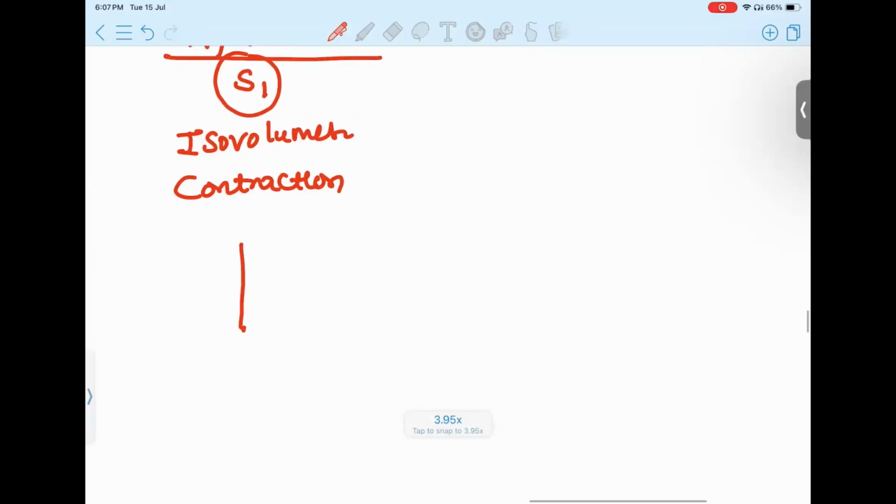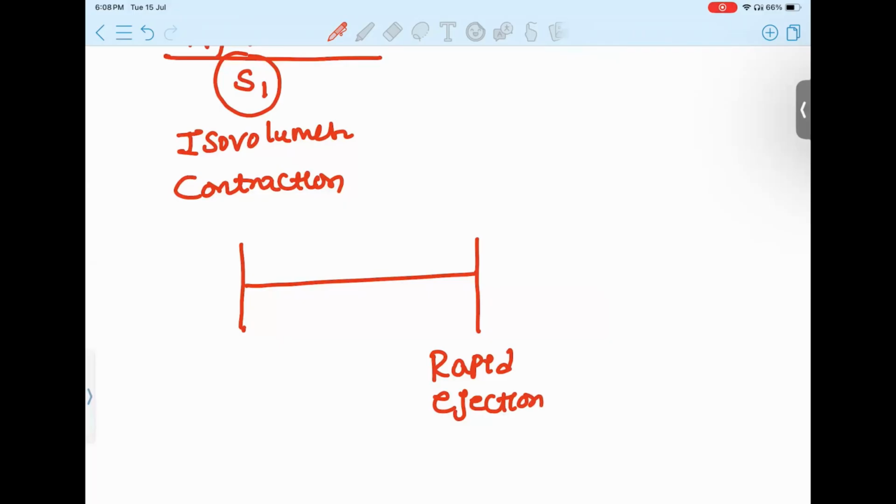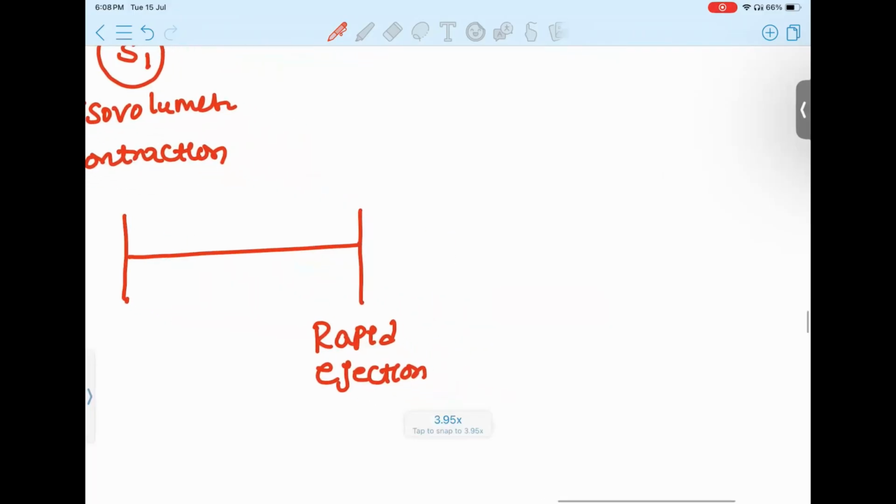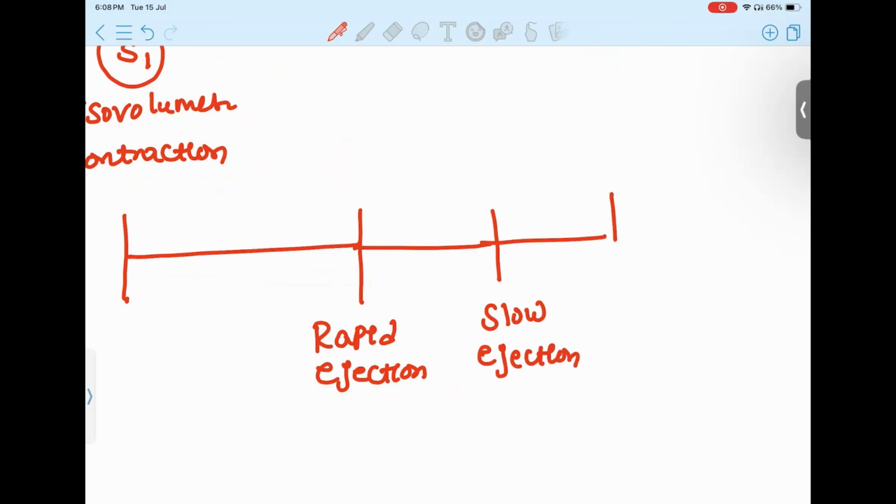From the isovolumetric contraction, this will be followed by the rapid ejection. The blood from the ventricle is pumped to your tissues and the peripheral sites. And then slow ejection. And then there is the isovolumetric relaxation.